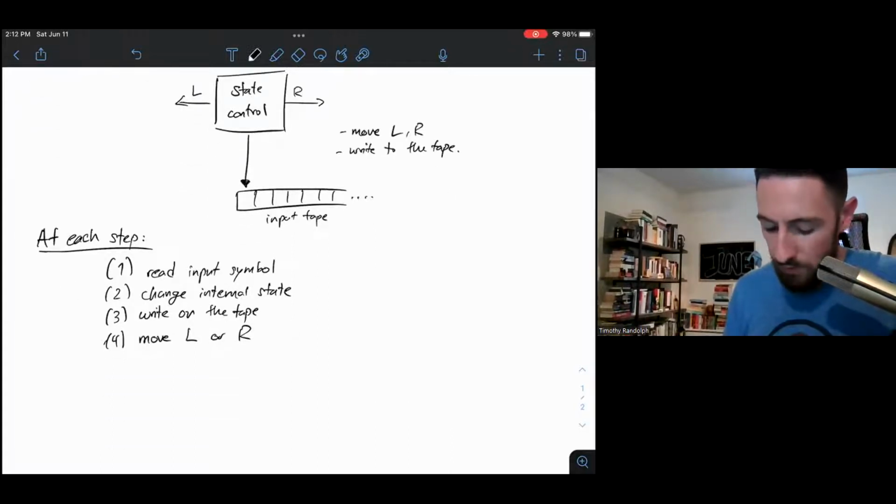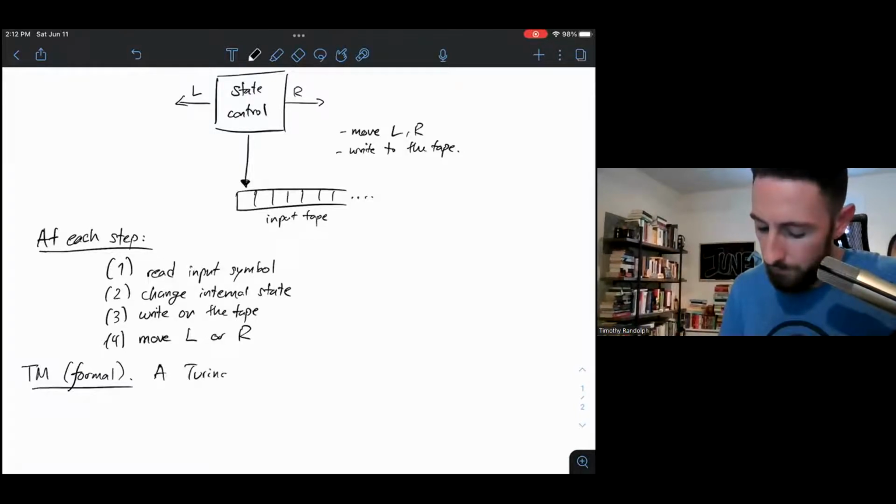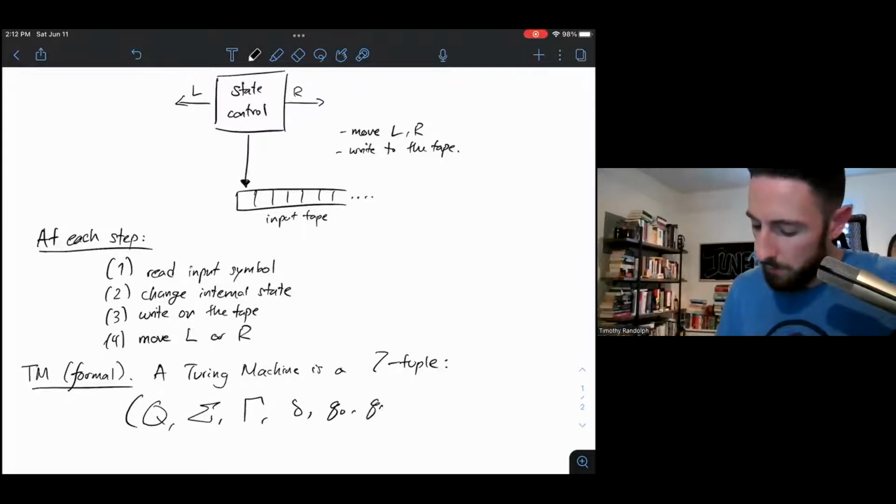Let's write it out as a 7-tuple. So here's the formal definition of a TM. A Turing machine is a 7-tuple: Q, sigma, gamma, delta, Q0, Q accept, and Q reject.